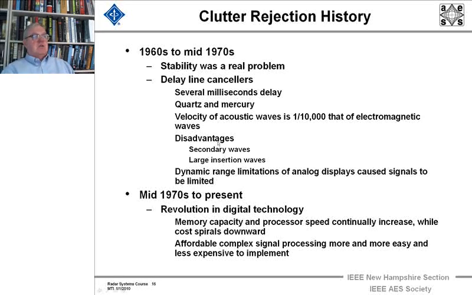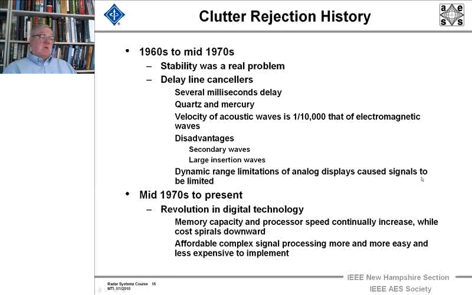The disadvantages are secondary waves that can be set up in these devices. There are large insertion losses, and the dynamic range limitations of analog displays in general also cause the signals to be limited.